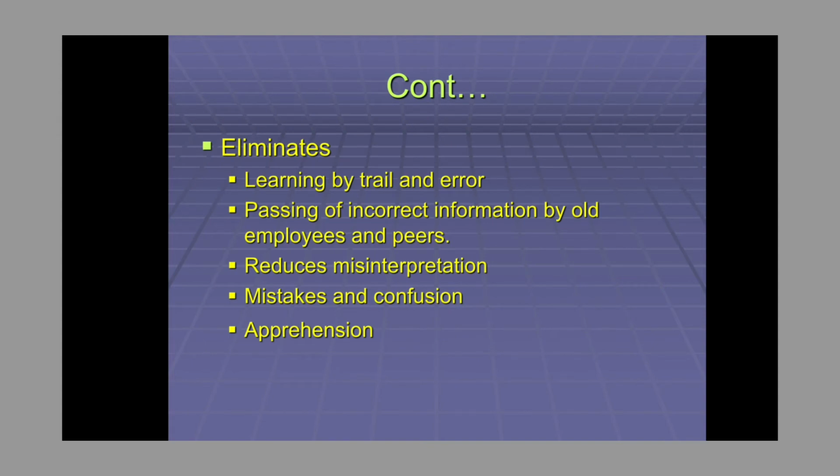We can eliminate all these problems by giving an orientation program to the employees: learning by trial and error, passing of incorrect information by old employees and peers. We can reduce misinterpretations, mistakes and confusion, and apprehension of the employee. So we can avoid all these.